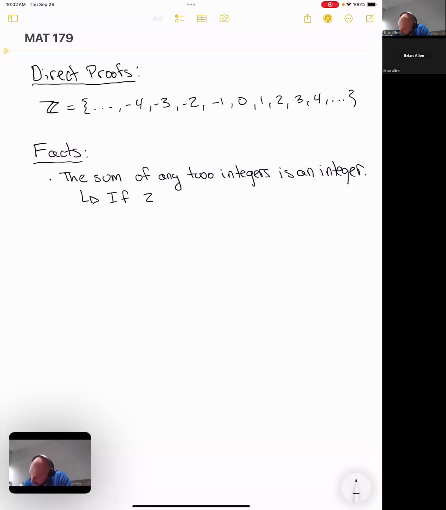Another way of writing this, though, that we want to get used to is if I take a Z1 and a Z2, and I use this symbol to say that they are elements of the integers. So you can think about it as picking out two integers, any ones that you want. Then if you take their sum, then that's also an integer.